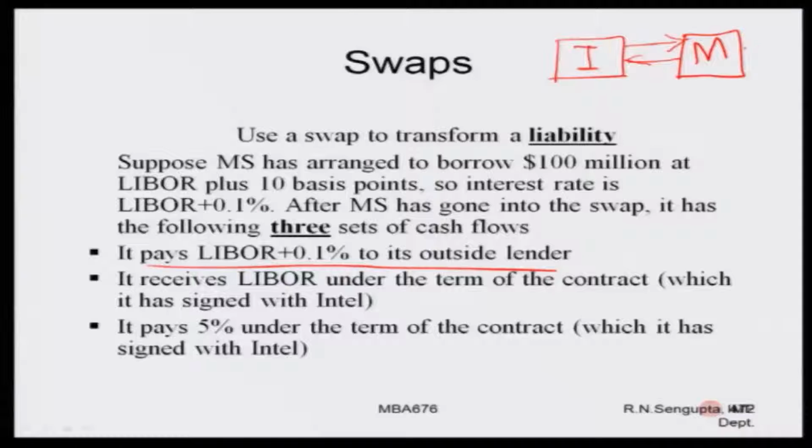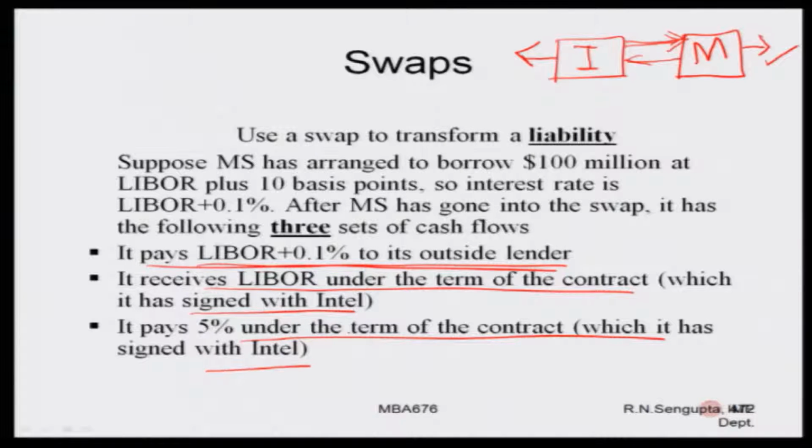So, what they would do is go simultaneously with a third party outside. This is what I am trying to discuss. It pays LIBOR plus 0.1% to an outside lender. This is the outside lender. It receives LIBOR under the terms of the contract already signed with Intel. The LIBOR contract is between Intel and Microsoft, and it pays 5% under the terms of the contract already signed with Intel. The second and third points are these two transactions.